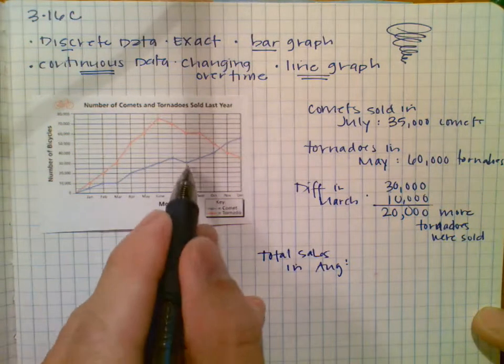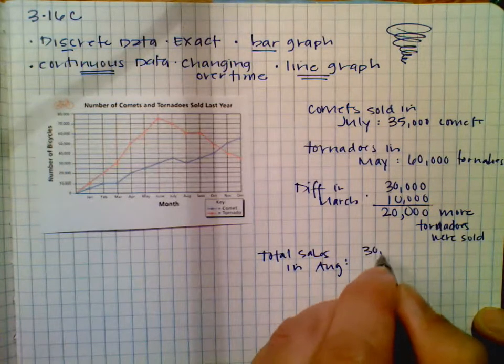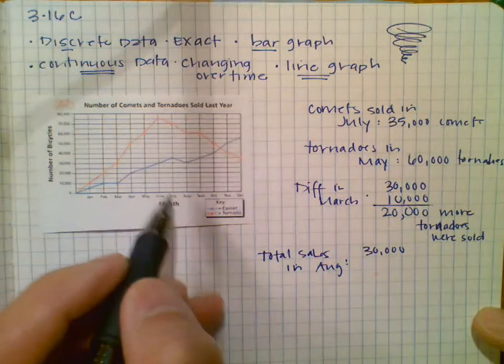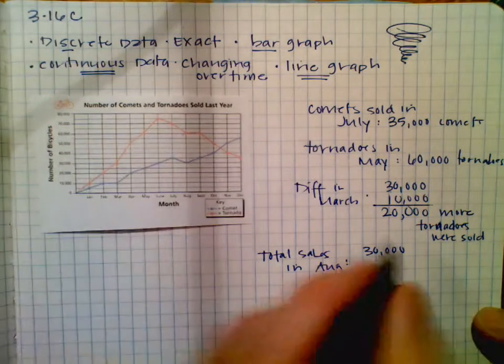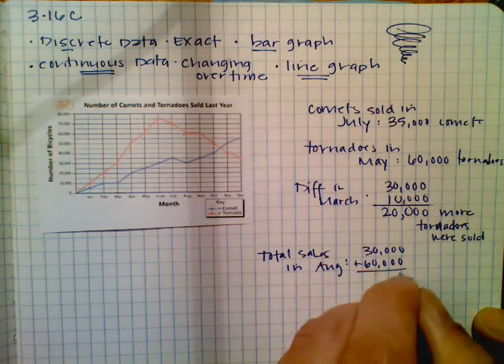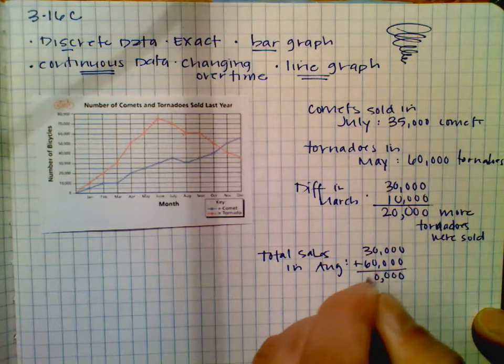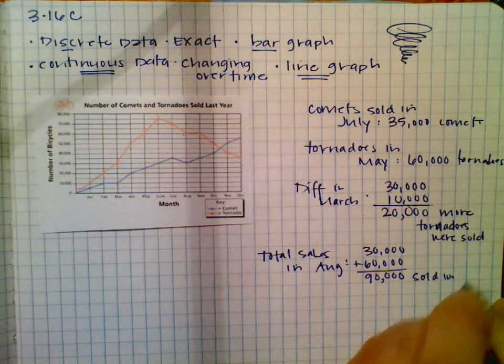For the comet we had, that looks like 30,000. And the tornado in August looks like 60,000. So total number would be 90,000 sold in August.